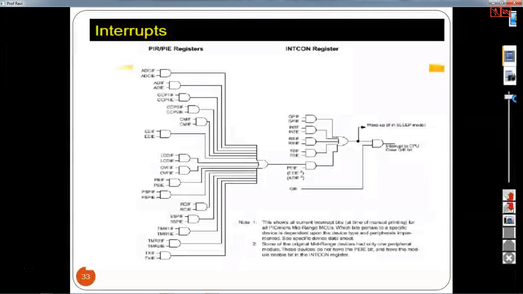The jump and branch instructions can be executed in 2 clock cycles. And the operating frequency is 20 megahertz, and it executes 5 million instructions per second. See the speed. 5 million instructions per second.